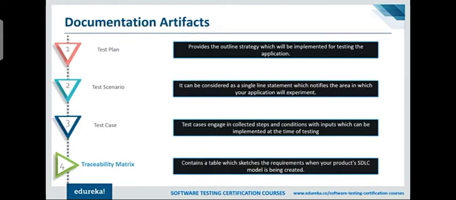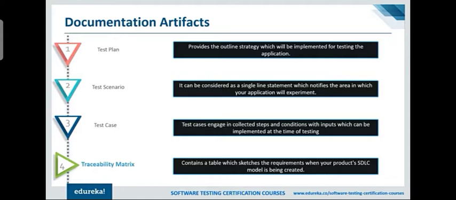Now the last artifact that we have is the traceability matrix. It is also known as the requirement traceability matrix, and it contains a table which maps the requirements while your product's software development lifecycle is being created. This documenting artifact can be implemented for forward tracing, which is to go from designing, or for backward tracing as well, which is the reverse of forward tracing.